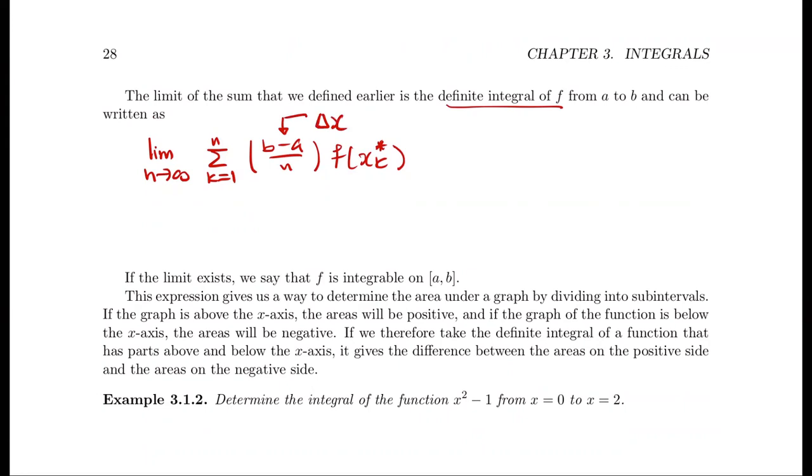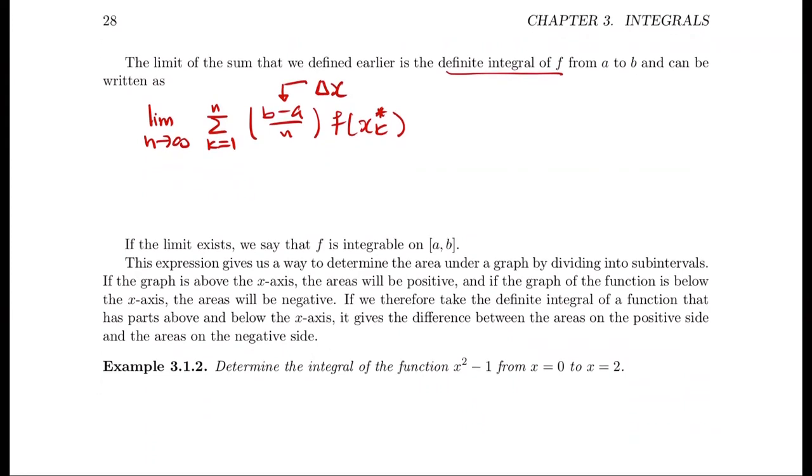All right. So when we take the limit as n approaches infinity, I'm going to rewrite this as the limit as n approaches infinity of the sum from k equals 1 to n of f of xk star multiplied by each delta x.